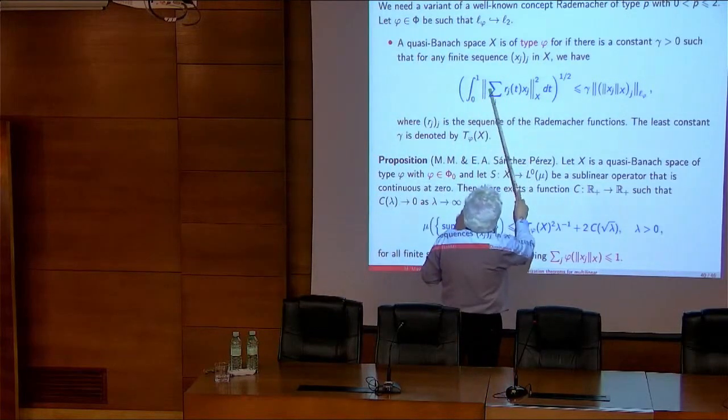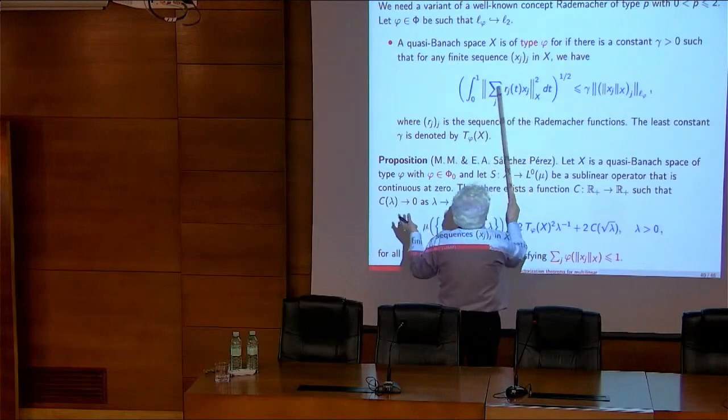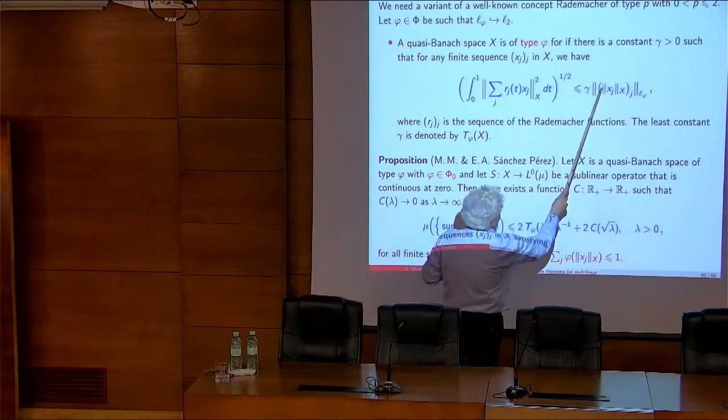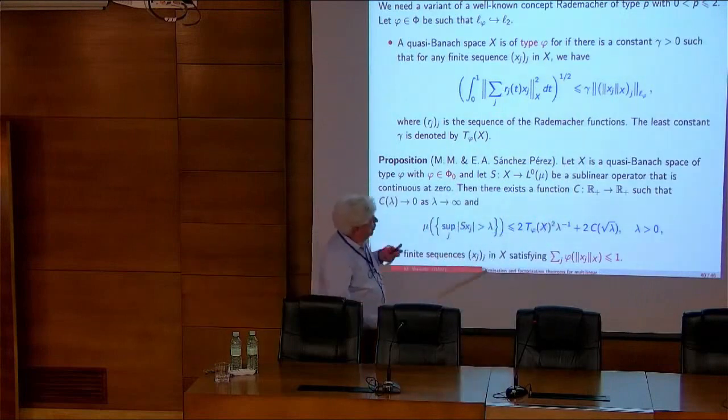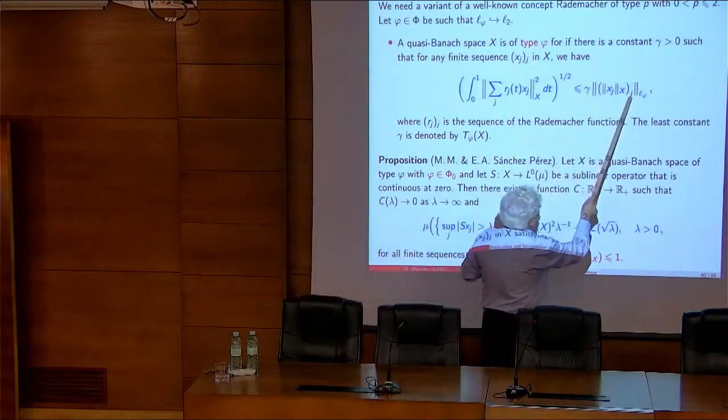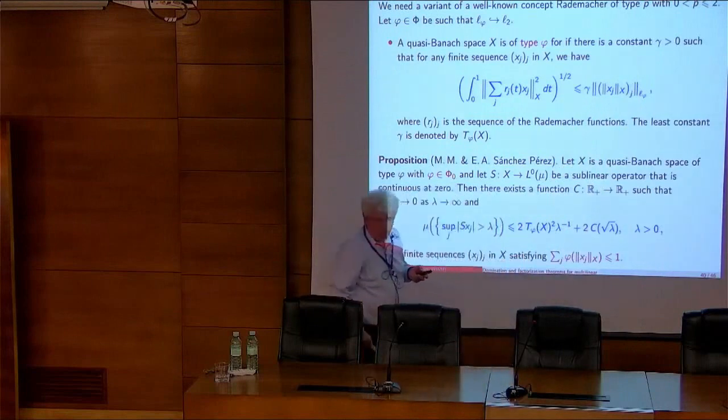So the norm in X, and we integrate with respect to the measure space, and then this is estimated by the norm of the sequence in our Orlicz sequence space.